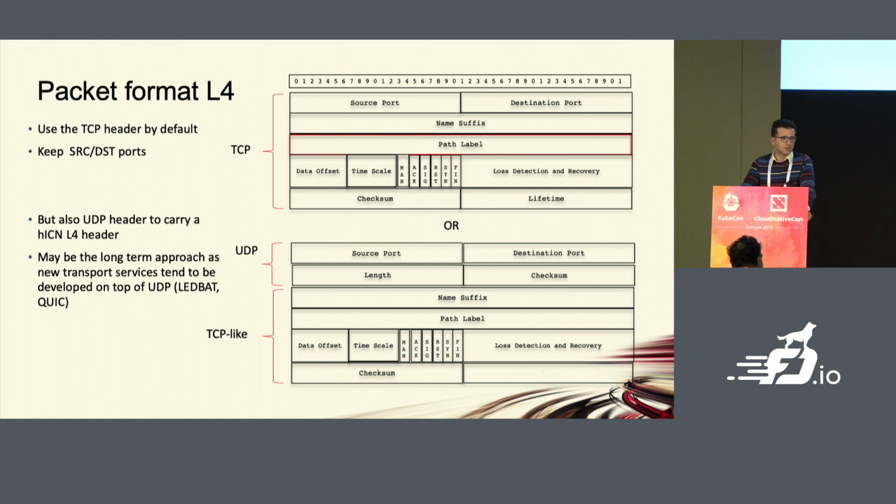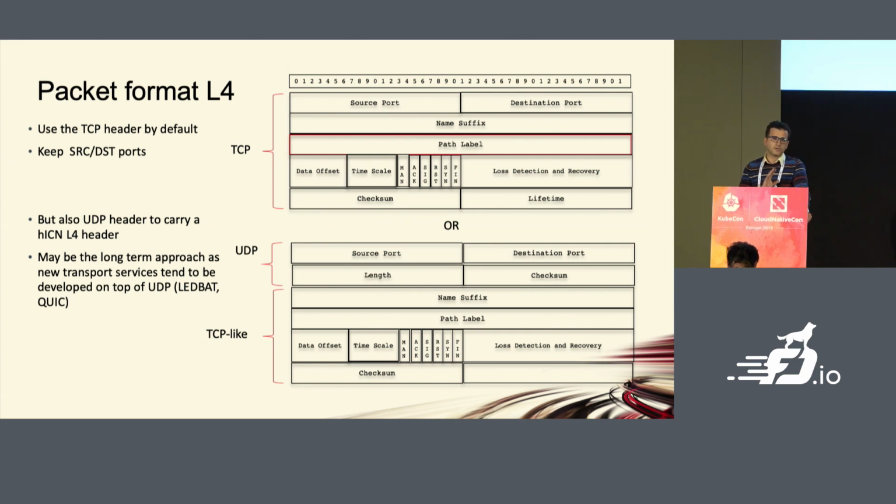We could have used the QUIC-like approach by essentially redefining a new header on top of UDP, which is what we are doing for the second header you see in the slide. And probably in the future we'll do that. But for the time being, for several reasons, we have a high hit ratio by using this approach.